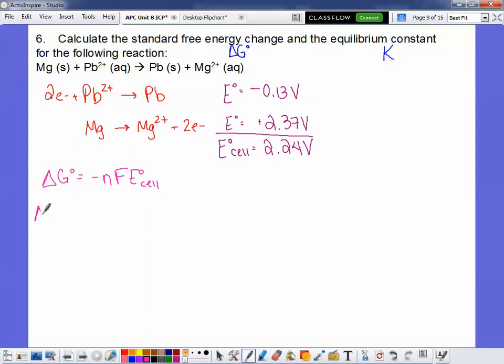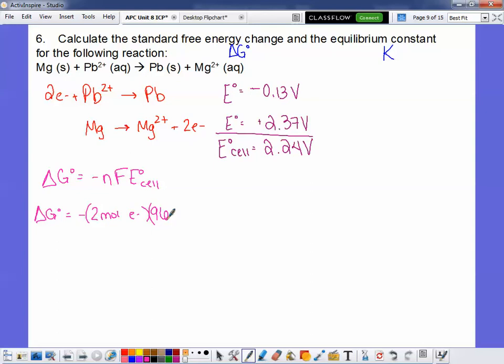So to calculate delta G, we're just going to plug in. Now, n is the moles of electrons. So how many electrons do we have? 2. F is the Faraday constant, and that is on your formula sheet. I'm trying to remember if it's the rounded one. It's not 96. It's 96485, or it's 96500.